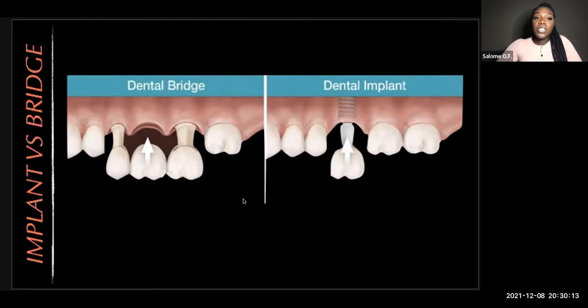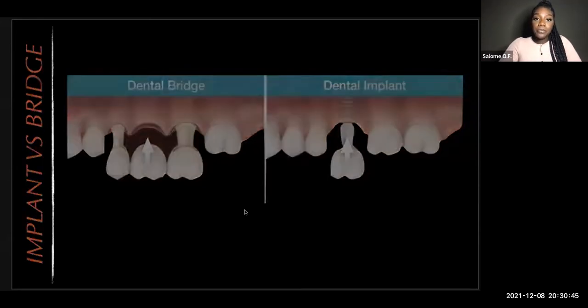But another option, which is usually more affordable and usually covered by insurance, would be a dental bridge. A dental bridge is basically what we call a fixed restoration that replaces one or more teeth. The missing tooth area will be replaced with an artificial tooth. So all these three teeth will be connected together, and it will be holding on to the neighboring teeth, your natural teeth or maybe an implant.